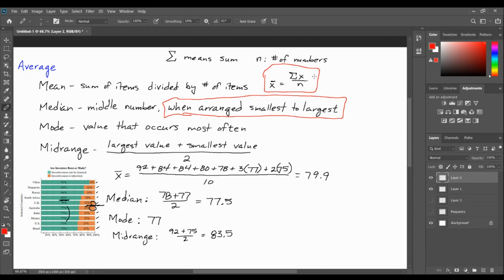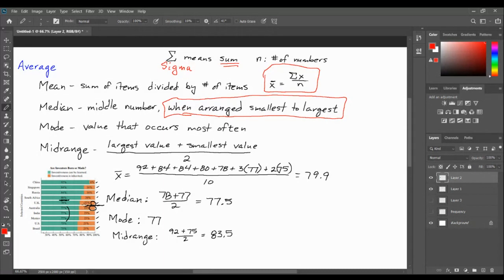We've also got in this calculation this symbol sigma right here. It's a Greek letter. It means sum. So when you see sigma, think sum. So this is the sum of all the data points divided by n, which is the number of numbers, the number of data points. So we did that here with this data set down below.